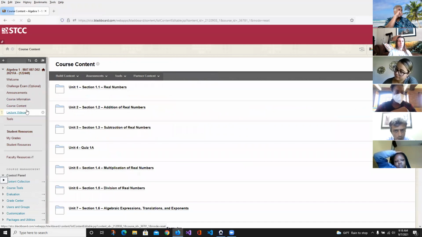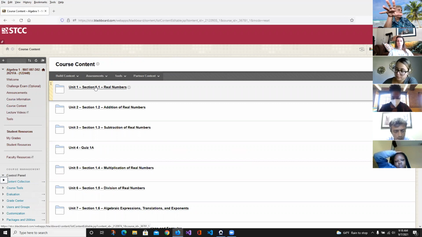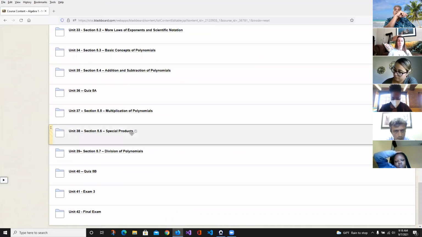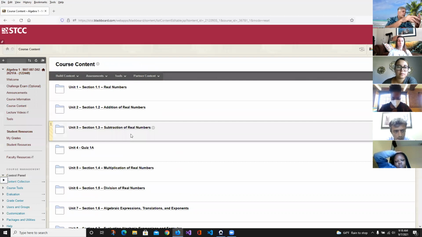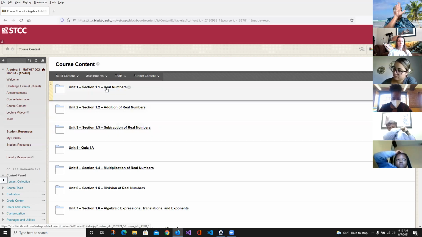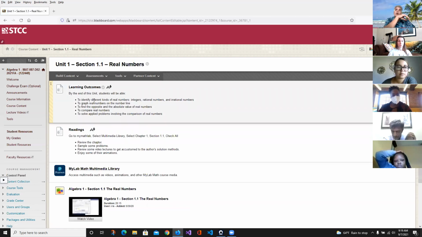It's laying out everything that you need to know, like real numbers. Unit 1, there's 42 units. I call them units, but basically a unit is a homework assignment or a quiz or an exam. That's all it is. If you're ready to take Unit 1, you go there and this is what you're going to learn in that unit.